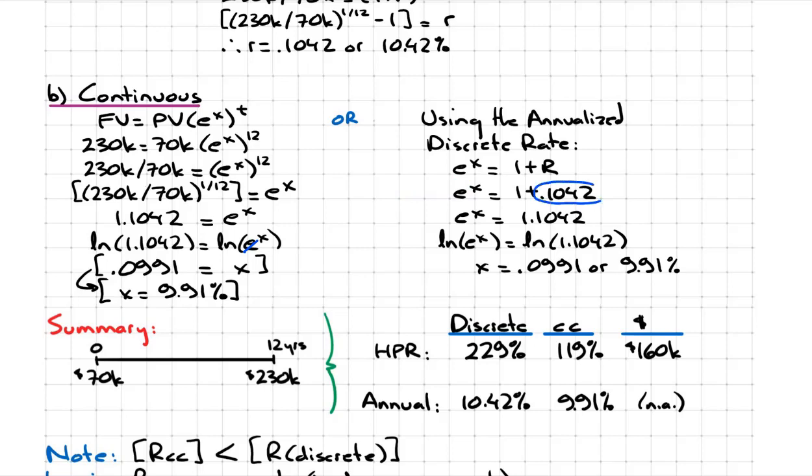We plug in the annualized discrete rate, and again, I show you step by step, and the ln and the e cancel out. You just find the ln of that. Once again, you get an annualized continuously compounded rate of return of 9.91%. Same answer as that approach. Ladies and gentlemen, I showed you both approaches so that you can just use the approach that you're most comfortable with.